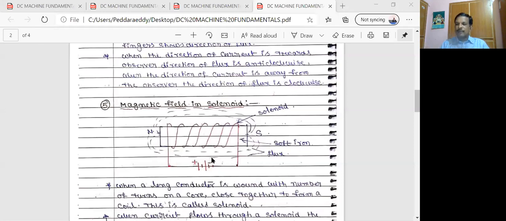So it does not work like a magnet, it is only an iron piece. It is magnetized only as long as electricity is present, it acts as a magnet. When electricity fails, it acts as a simple iron piece.